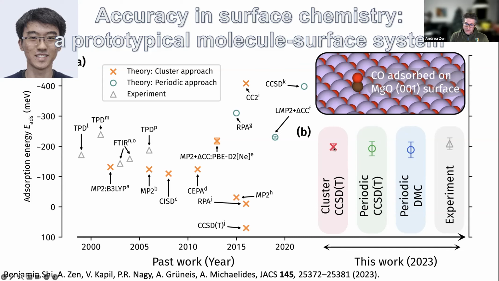And then our collaborator, Andreas Grüneis, made an evaluation using periodic coupled cluster, obtaining this other number. So again, we see a very good agreement between the experiment and our simulations, with diffusion Monte Carlo and coupled cluster approaches. Moreover, Benjamin also reconsidered the previous experiments and gave an improved experimental estimation.